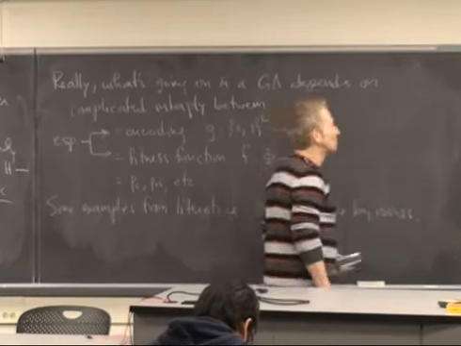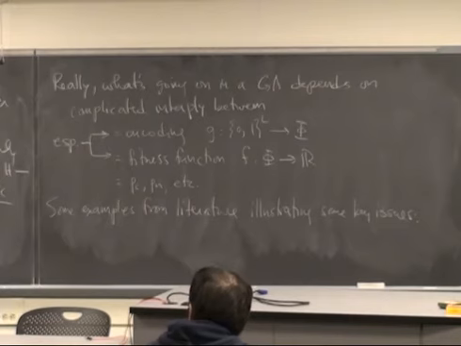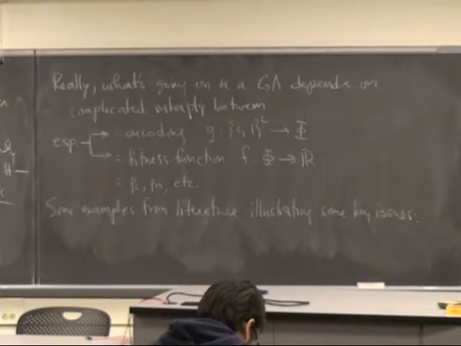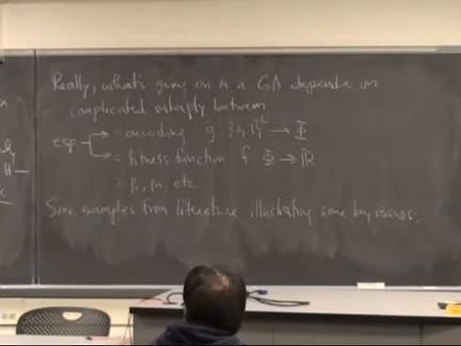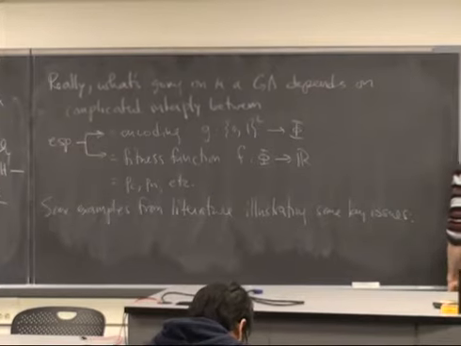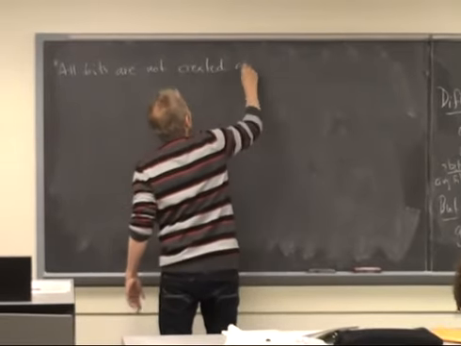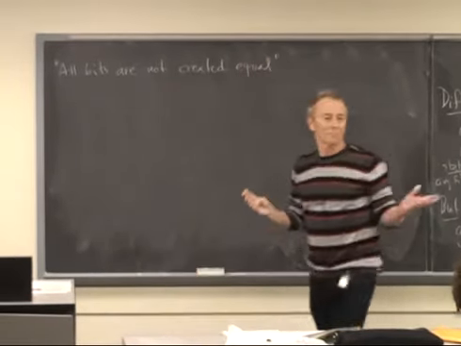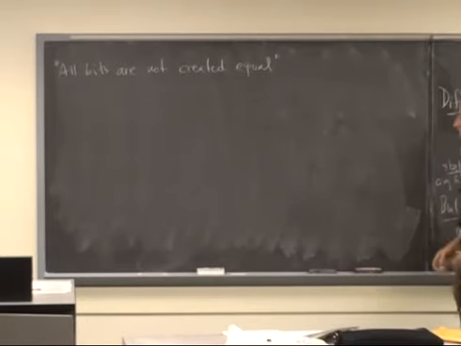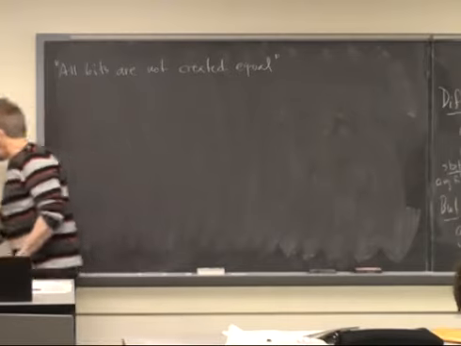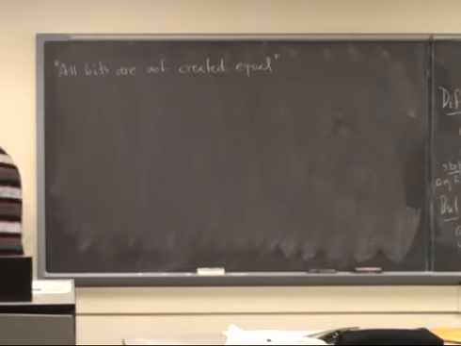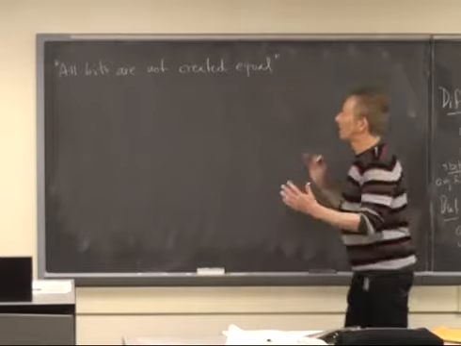Okay, so the first example is not really a specific example from literature, but a general factoid. I like to think of it with a sort of Grimm's fairy tale moral: all bits are not created equal. What do I mean by that? Suppose you want to maximize some function defined on some interval of real numbers.